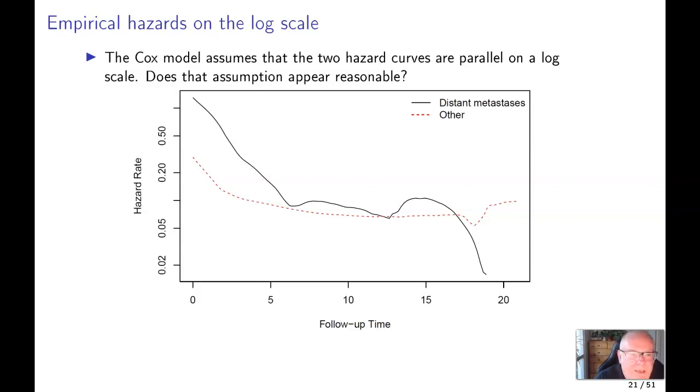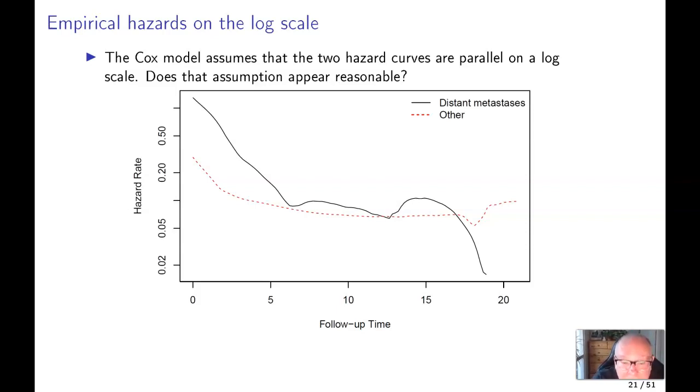So, here is a graph of the empirical hazards, or the hazards estimated from data. Now, does it look like there's a constant difference between these curves within the first 10 years? Now, there's not a constant difference. These curves are not perfectly parallel, but they don't have to be perfectly parallel.